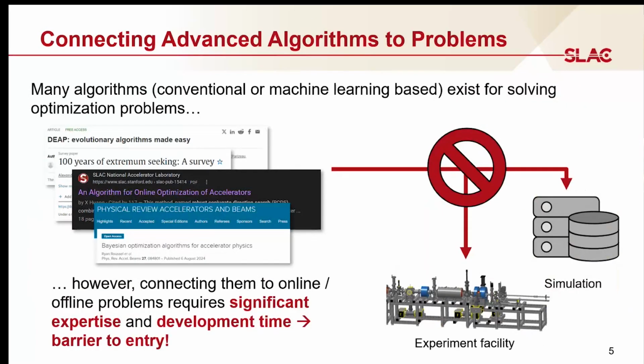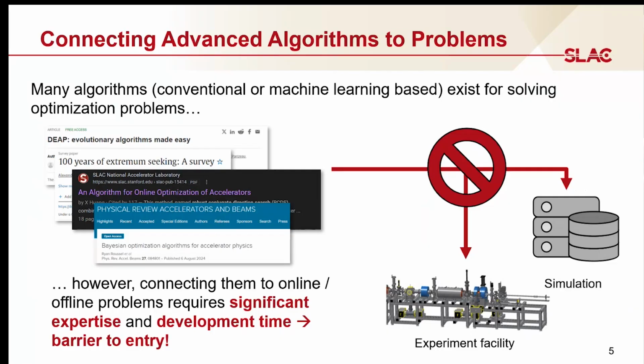When we talk about doing optimization and control, there has been a breadth of development in creating different types of optimization algorithms. Some of them are conventional, such as Nelder-Mead simplex, or use other types of heuristics, such as genetic algorithms or so-called evolutionary algorithms. Some of these are also machine learning based.